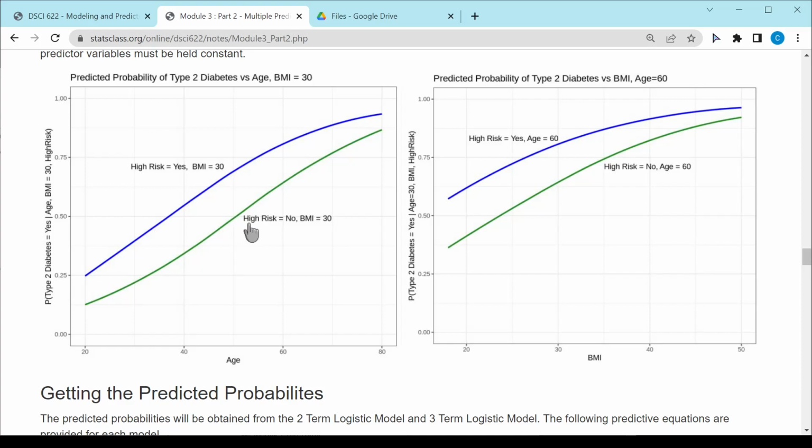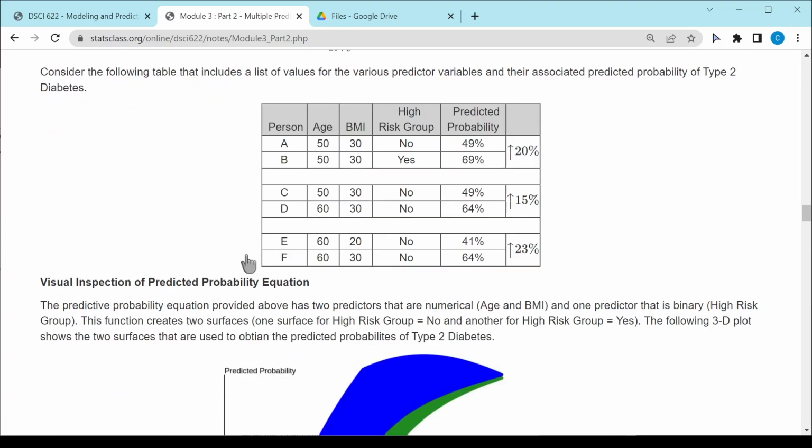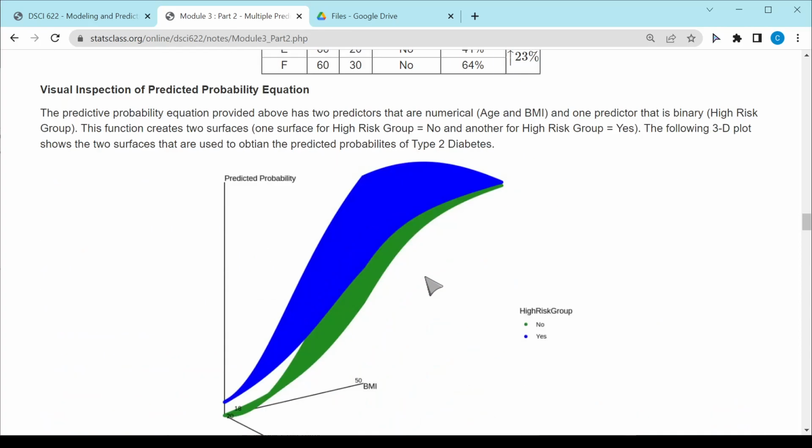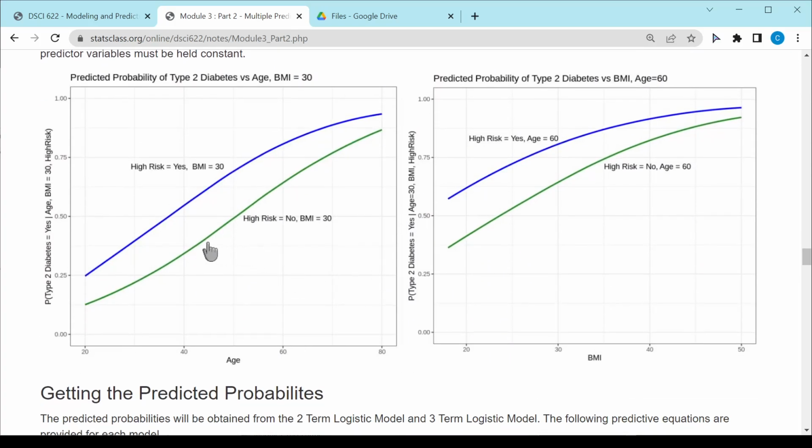The green curve here is for the high-risk no group, and the blue curve is for the high-risk yes group. So here you're looking at the effect of being in the high-risk group. You can see that the predicted probability goes up by about 20%. And that's what we had when we were looking at the comparison between A and B here. Person A and person B, the only difference between them was whether or not they're in the high-risk group. So that's the jump that I see between these two curves.